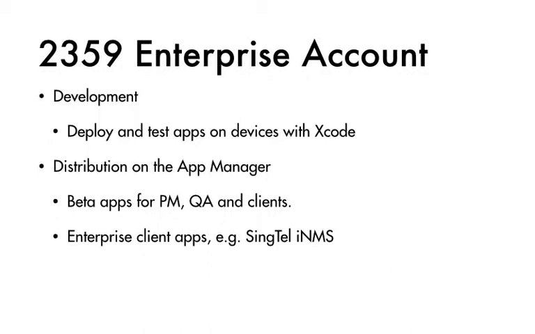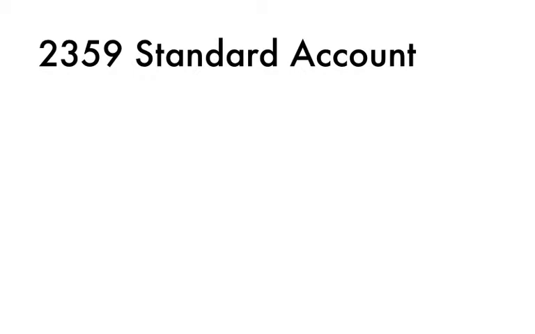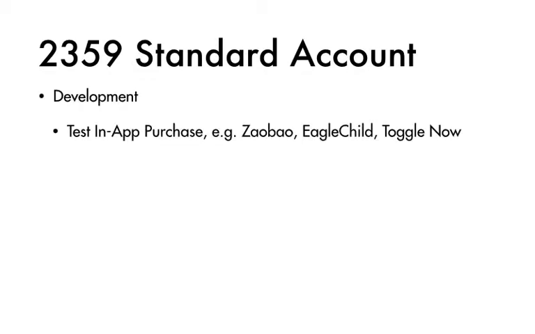The second account is the standard account. We use this account for testing features that are not available in the enterprise account, for example in-app purchase. For example, for Zaobao and EcoChow, we use this account to test the sandbox in-app purchase. For distribution, you can only use this account to distribute to the App Store.